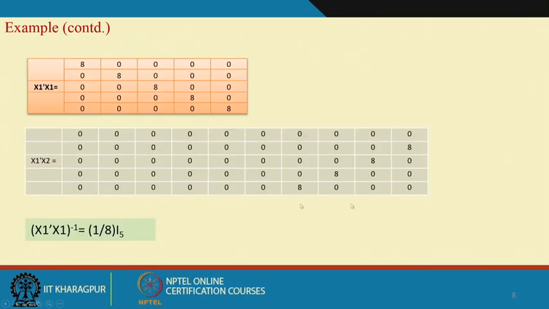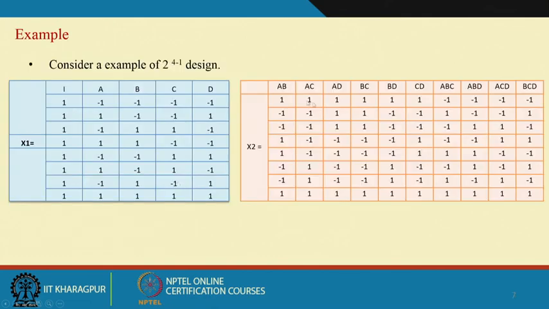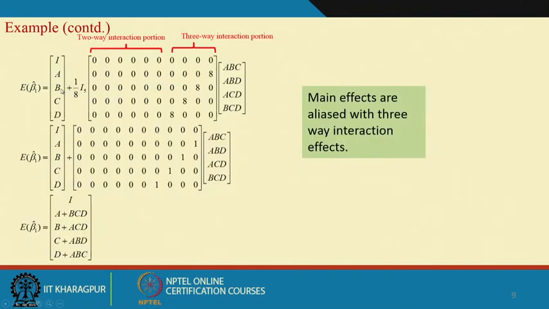Then in this x 1 transpose x 2 matrix, you will see that the first 1 2 3 4 5 6 columns are everything 0, and later on we will see that these are related to the two-factor interaction parts, that is AB, AC, AD, BC, BD, CD like this. So, if you find out beta 1 here, please remember this beta 1 is the main effects part.